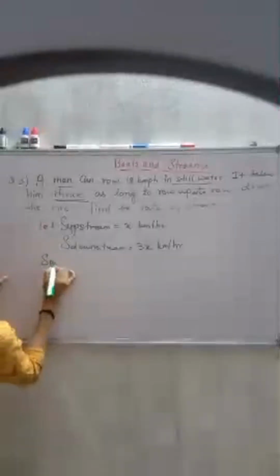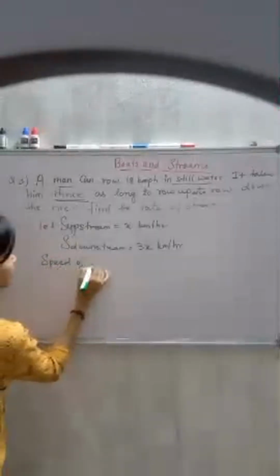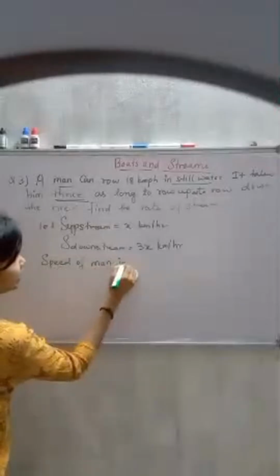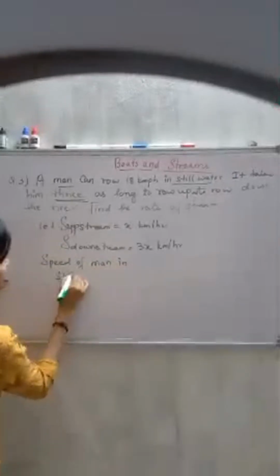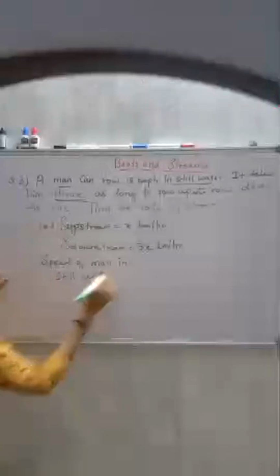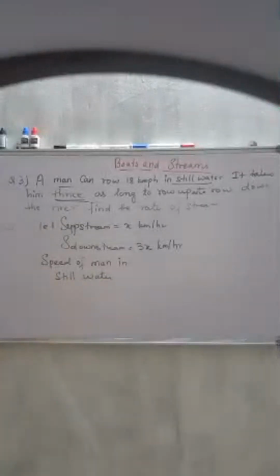Okay. Now speed of man in still water. Speed of man in still water is given as 18, and we know how to find speed of still water.